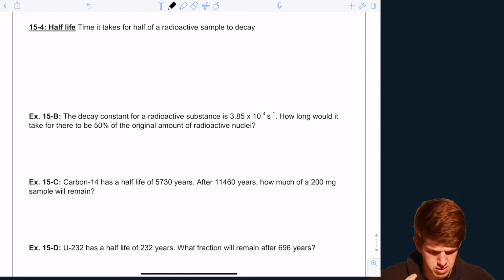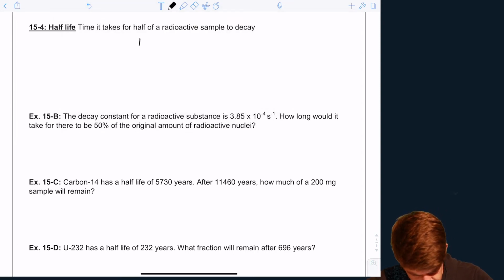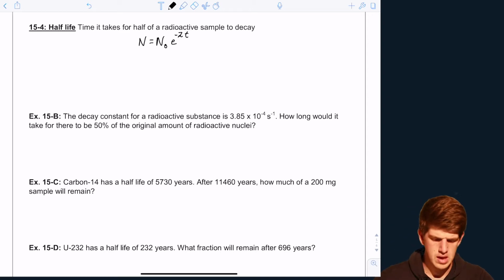So there are two main equations that you need to know for half-life and exponential decay. The first one is N equals N naught times e to the power of negative lambda t. So, a lot of variables here.